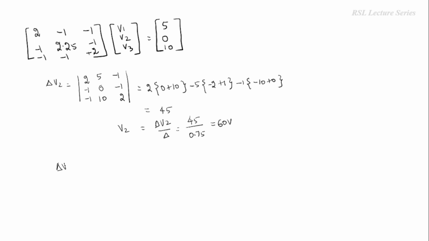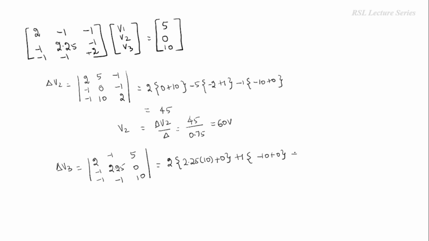Next we have to find out delta V3. For finding out delta V3, we have to replace the third column with the right hand side matrix. The first two columns will remain the same, and the third column is 5, 0, 10. So we have to find out the determinant value. 2.25 into 10 plus 0 plus 1 into minus 10 plus 0 plus 5 into 1 plus 2.25.